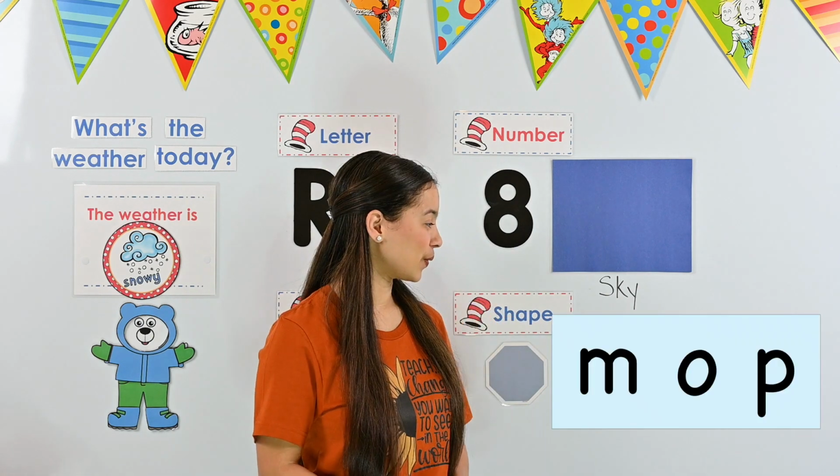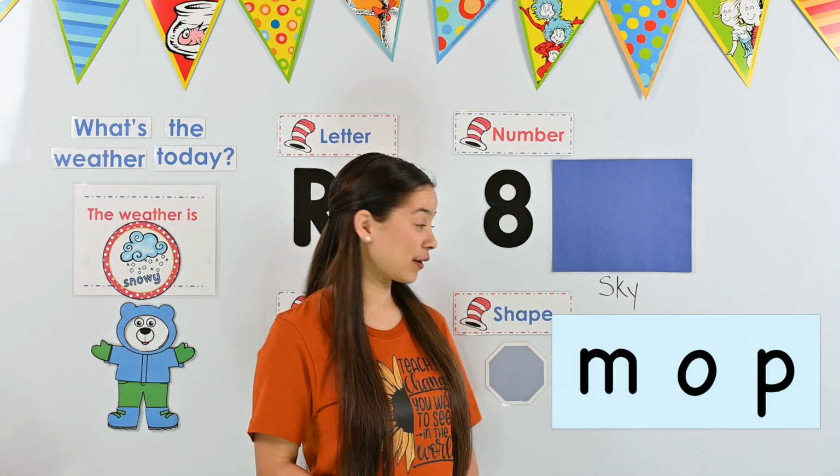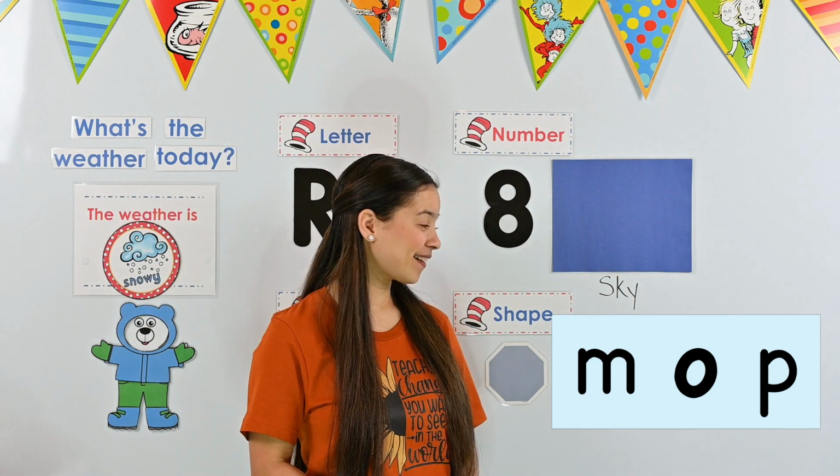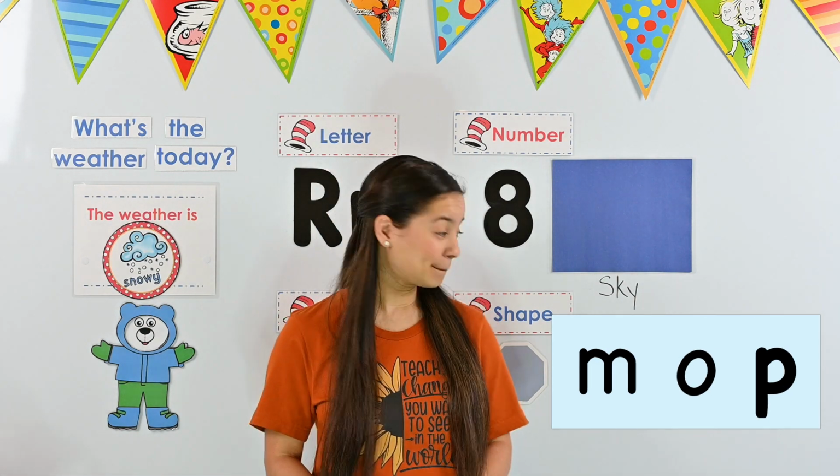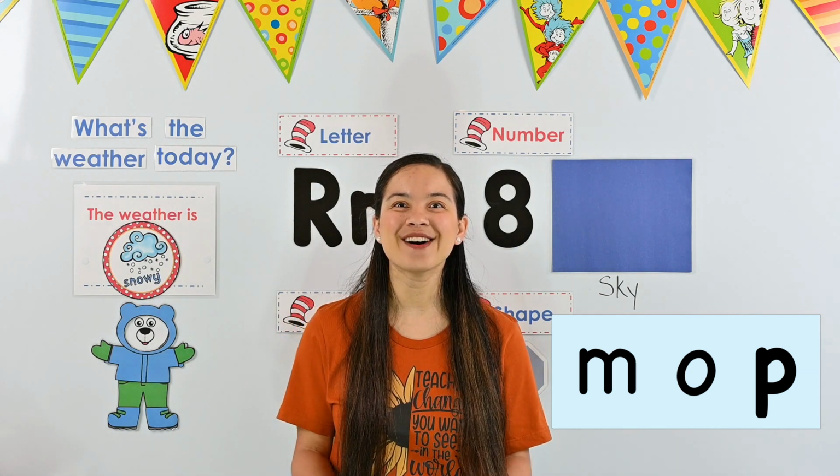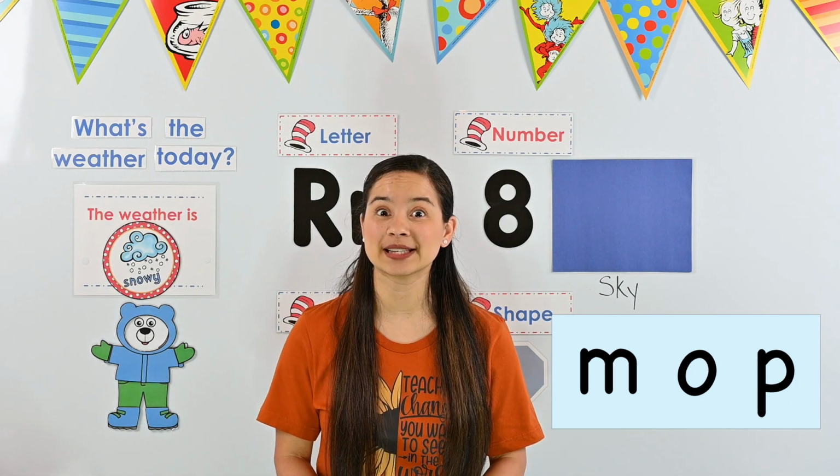Okay, now it's time to read our word of the day. Let's take a look at our word. Oh, I see 3 letters. I see the letter M, the letter O, and the letter P. We just saw a P. Okay, let's talk about the sound each letter makes.